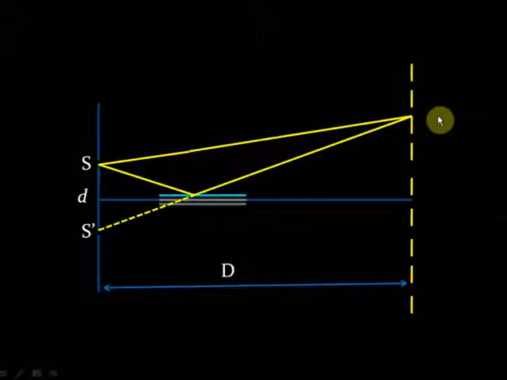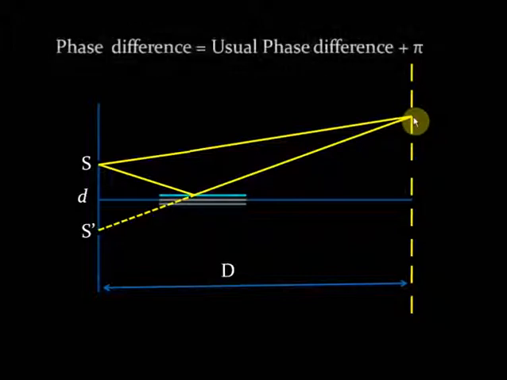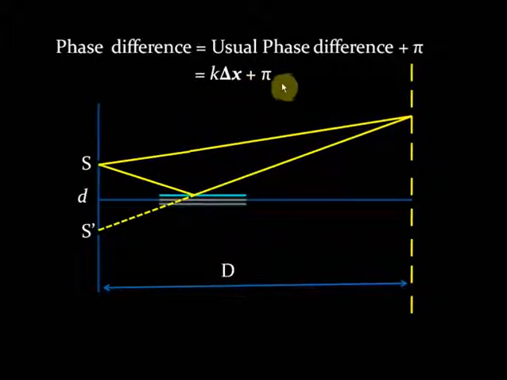If you consider any point on the screen like this, then the net phase difference at that point will be the usual phase difference plus pi. This extra phase difference of pi, I repeat, will come because when any wave gets reflected from a mirror, it suffers a phase difference of pi. We had already learned this phenomenon when we were studying wave mechanics, isn't it? Therefore, this phase difference will be equal to k delta x, where delta x is the path difference at any point, plus pi, correct?